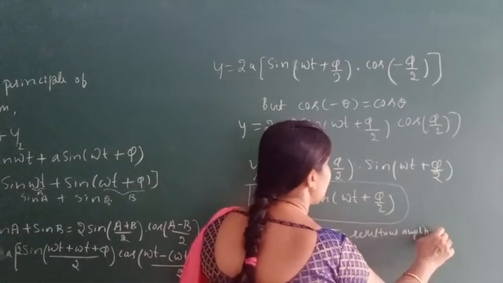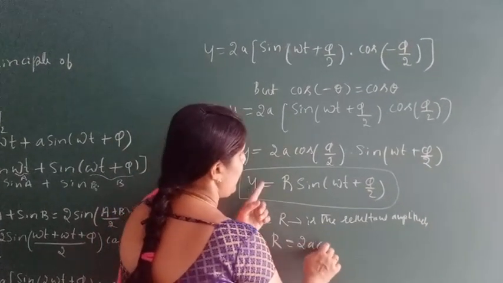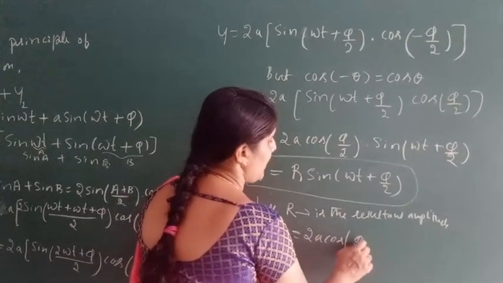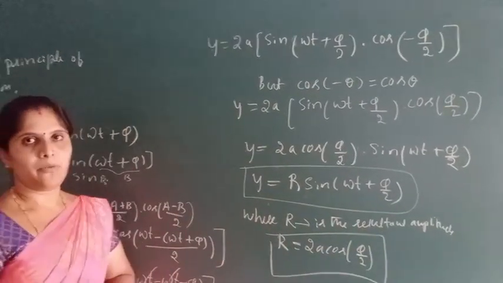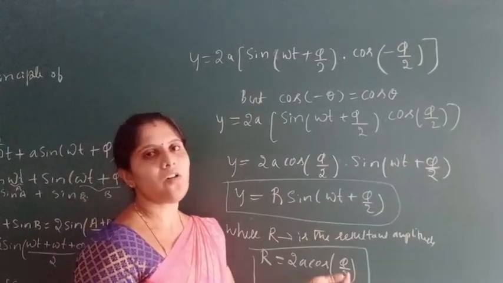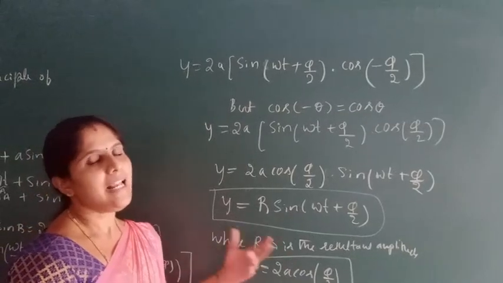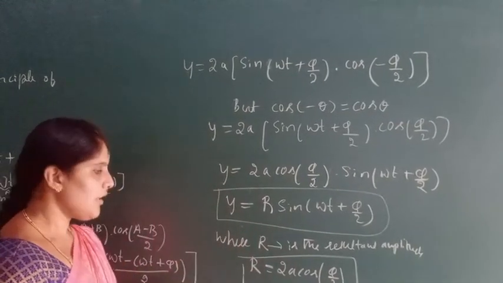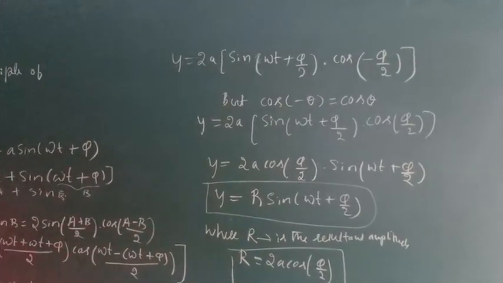So this resultant amplitude is given by r is equal to 2a cos of phi by 2. During interference, the resultant amplitude may be increased or decreased. In constructive interference, this resultant amplitude increases, but during destructive interference the resultant amplitude decreases.